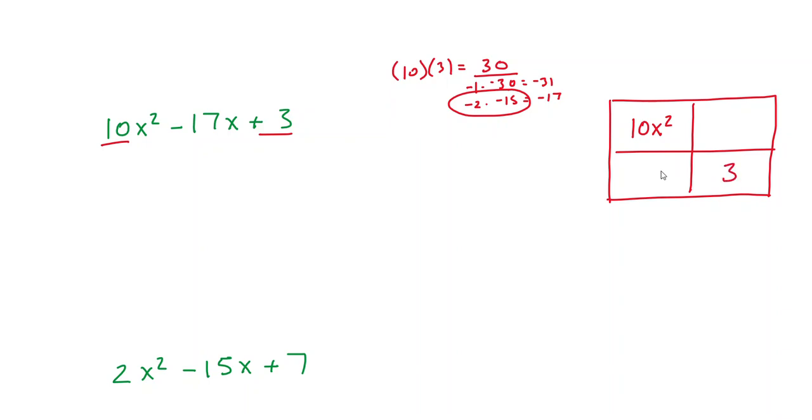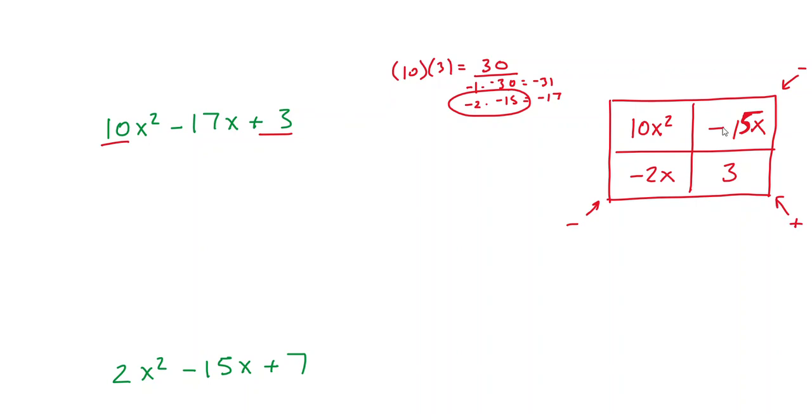And then we're going to break that -17 into -2x and -15x. Now, again, let me point out that there's a negative here and there's a negative here. And when you multiply a negative times a negative, you get a positive.